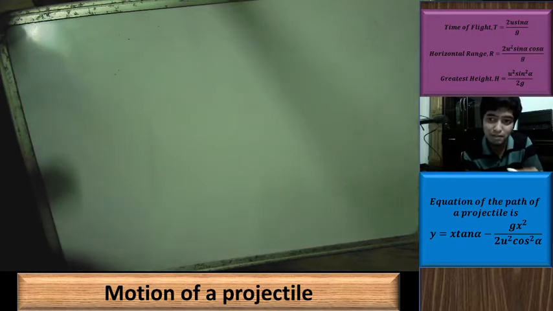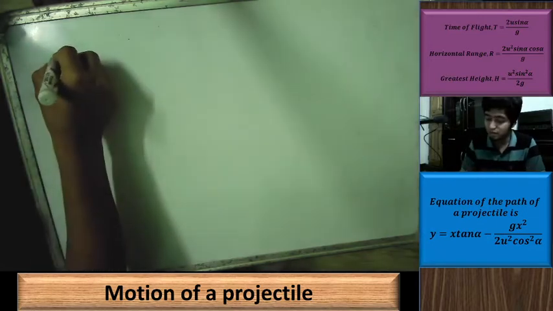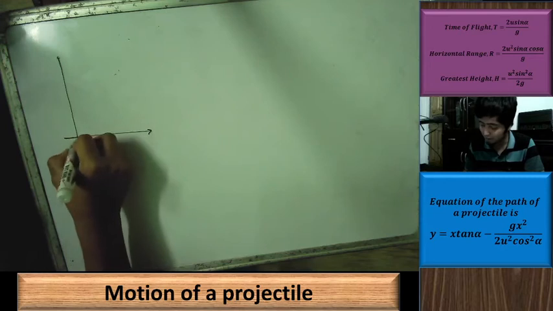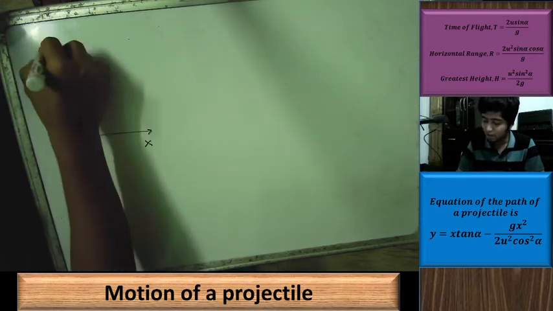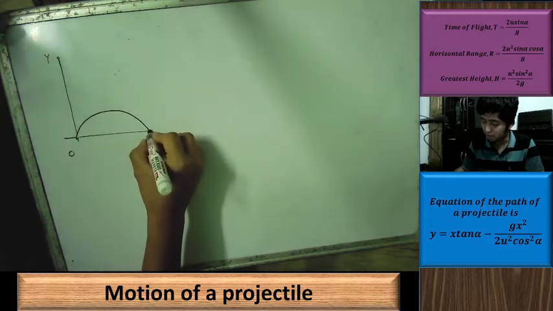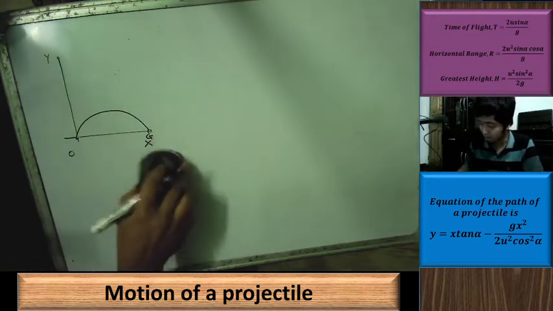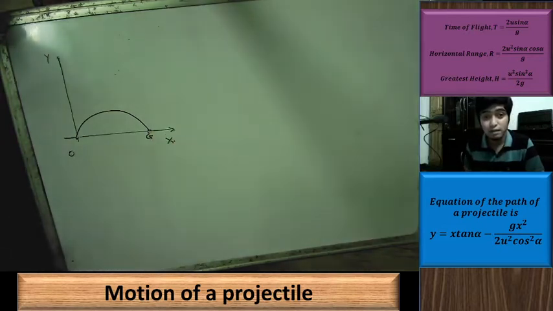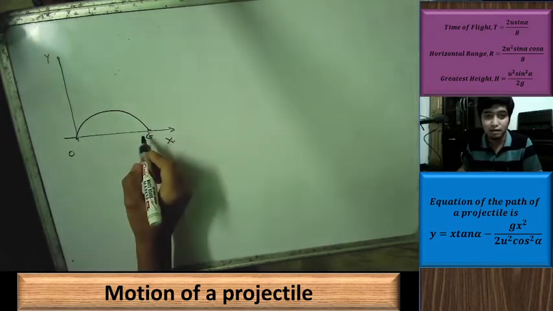We want to see what the path of a projectile looks like, which you already have an idea about. If you are throwing a projectile from O, it will reach a point G on the ground, and it will follow this path.